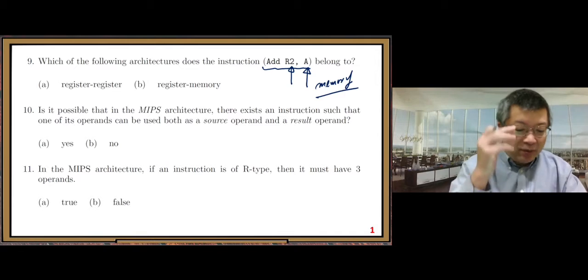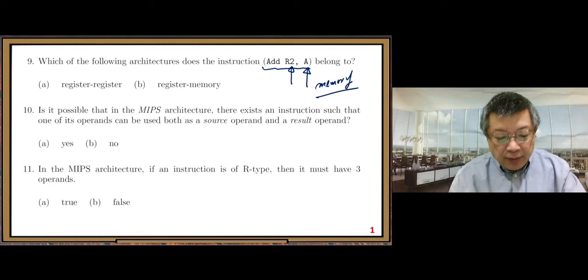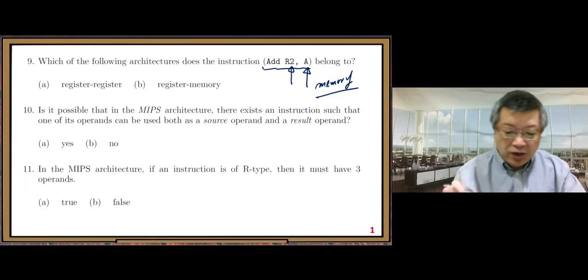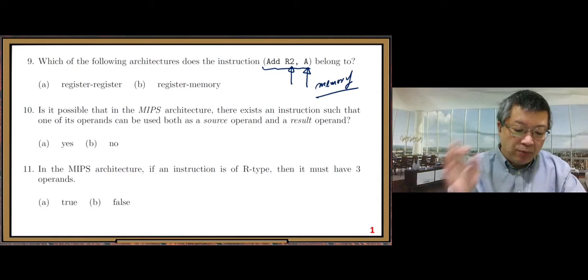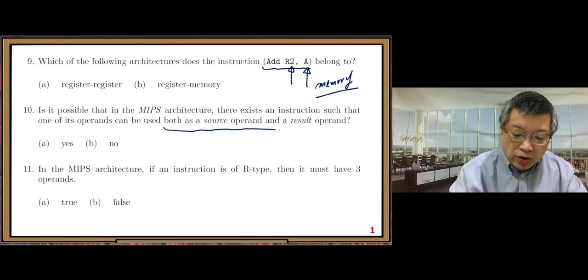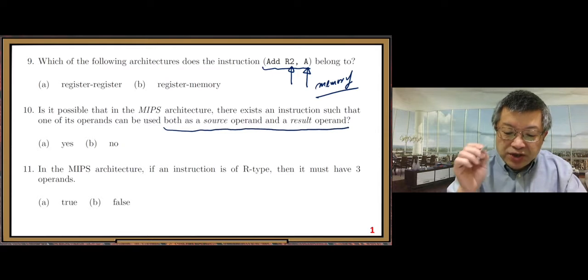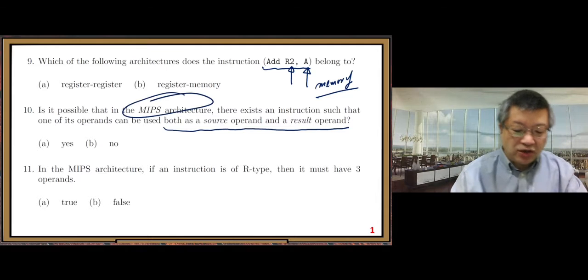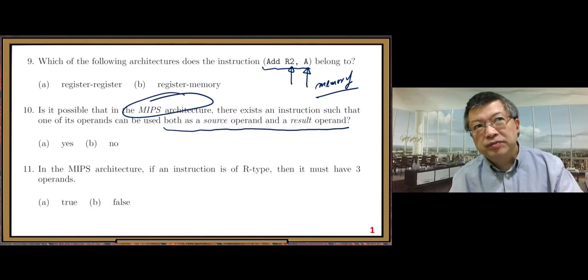Number 10. Is it possible that in the MIPS architecture there exists an instruction such that one of its operands can be used both as a source operand and a result operand? Looking at the MIPS architecture, do we have that case?